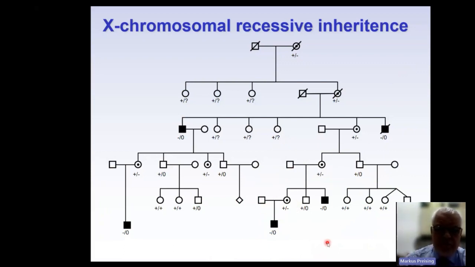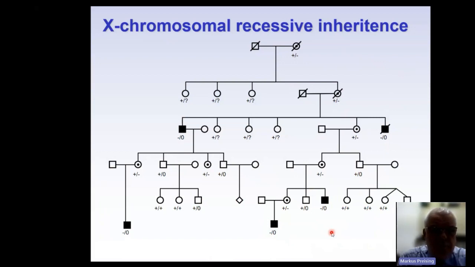But what you experience is there is no transmission from man to man because of the X chromosomal recessive inheritance. But the disease may run through the female descendants and at the end come up in an affected male.